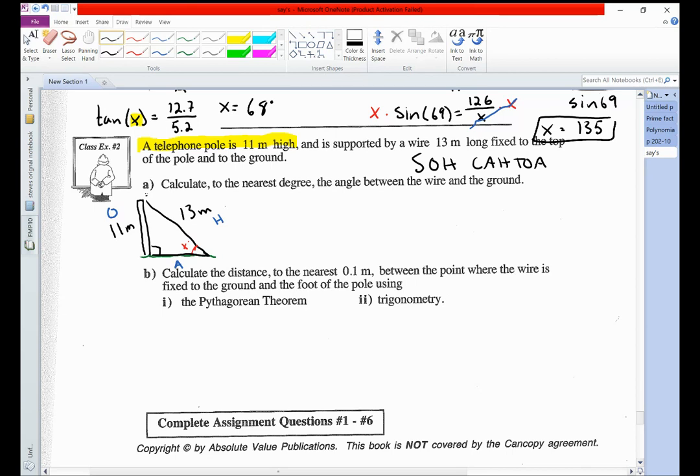Opposite and hypotenuse is the sine function. Yay! Sine, that's weird. Sine of x is equal to opposite over hypotenuse. And we can plug in what we know. Sine of x is 11 over 13.